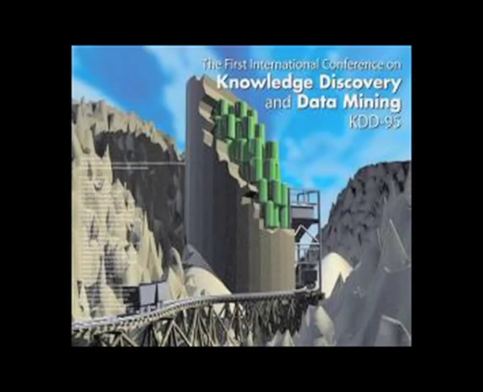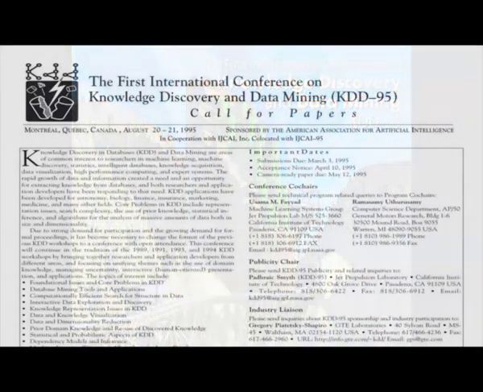In the academic community, the major forums for research started in 1995, when the first International Conference on Data Mining and Knowledge Discovery, that is KDD-95, was started in Montreal under AAAI sponsorship. It was co-chaired by Usama Fayyad and Ramasamy Uthurusamy.